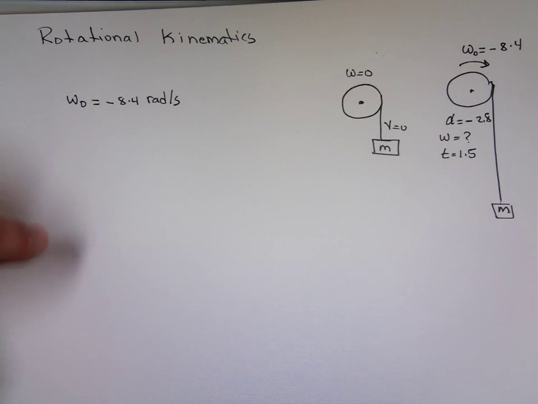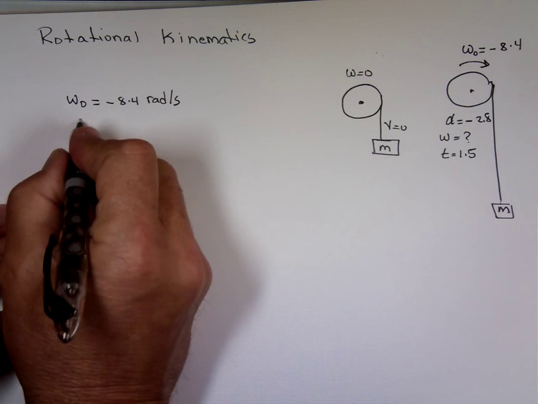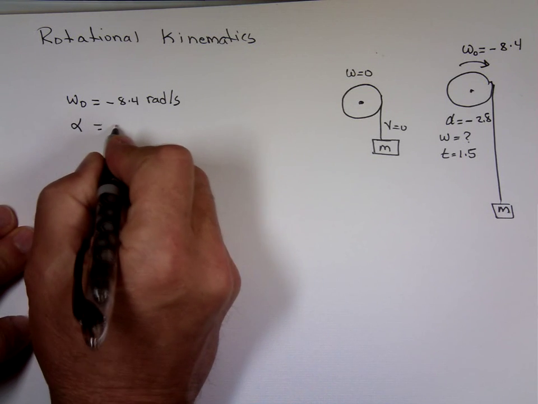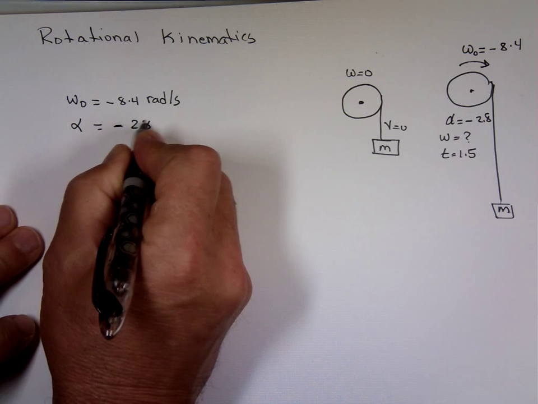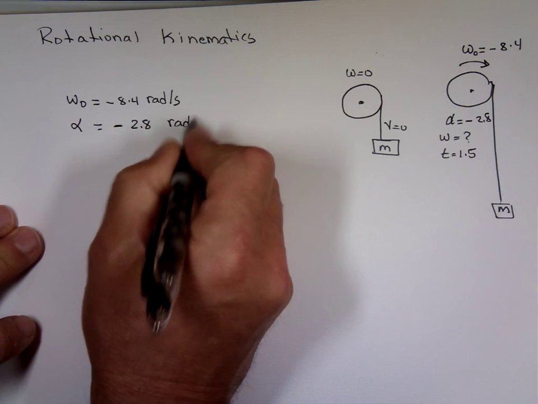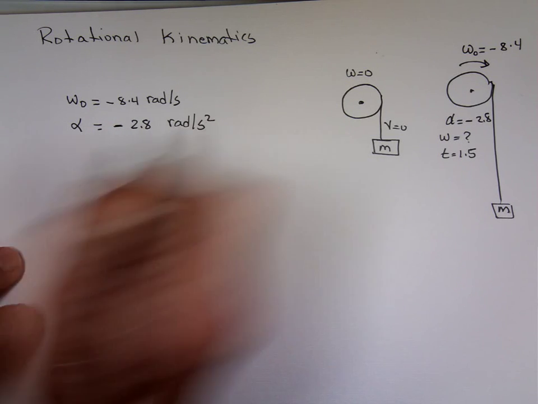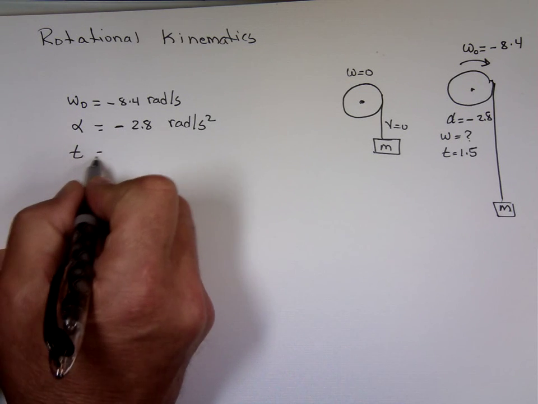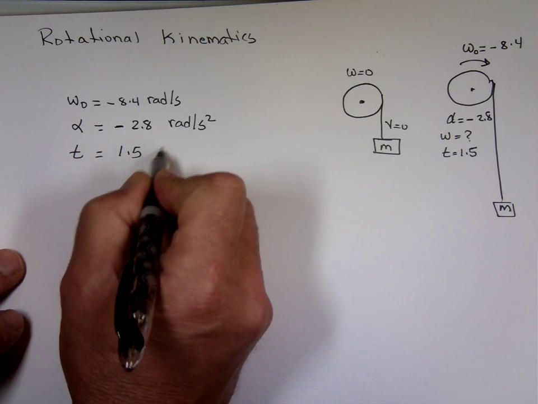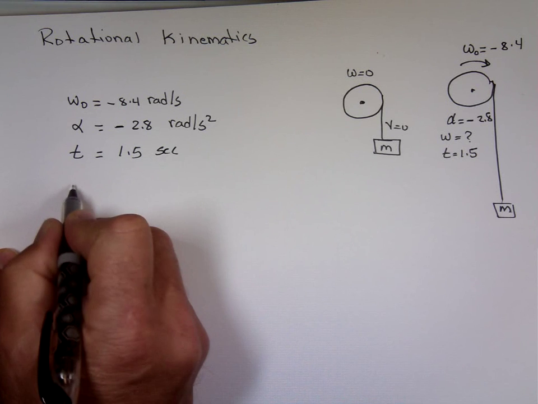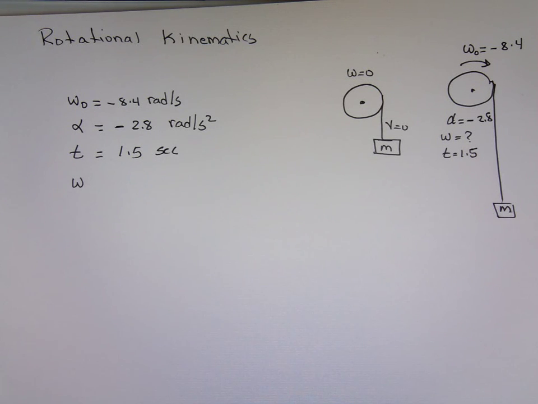Negative again is going clockwise. I know alpha, the acceleration, is negative 2.8 rad per second squared. I know the time equals 1.5 second. And I'm looking for the final angular speed.